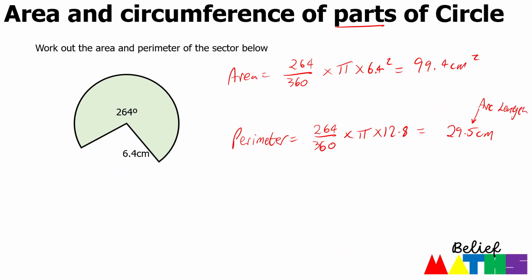So what we need to do for the perimeter is 29.5 plus 2 of your 6.4s. And that gives you an answer of 42.3 centimeters. And that's your perimeter. So with your perimeter, remember to add on the 2 radii. So you've got those true straight edge parts, because the angle over 360 only gives you the curved part.